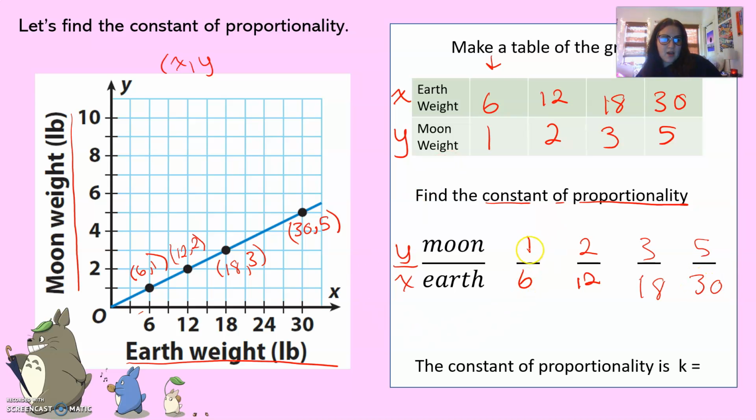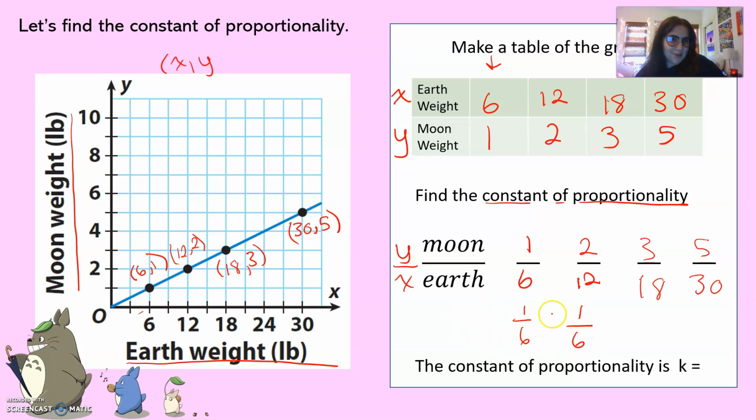Now let's simplify. 1 over 6 is as simplified as that'll get. 2 over 12, I can divide both of these numbers by 2 to simplify. So 2 divided by 2 is 1, and 12 divided by 2 is 6.